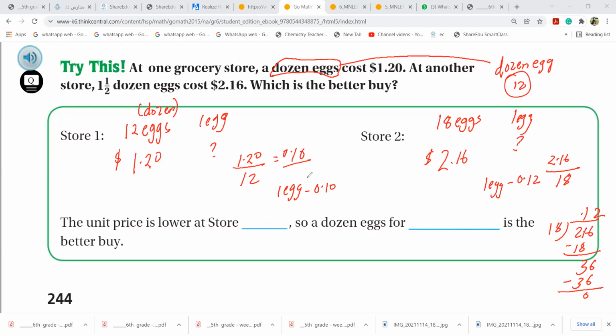So which dollar is more? $0.10 or $0.12? More or less? Less. 0.10. That's why 0.10 is for store 1. So store 1 is lower. So a dozen of eggs for store 1 is better to buy than store 2. Store 1 is the better buy.